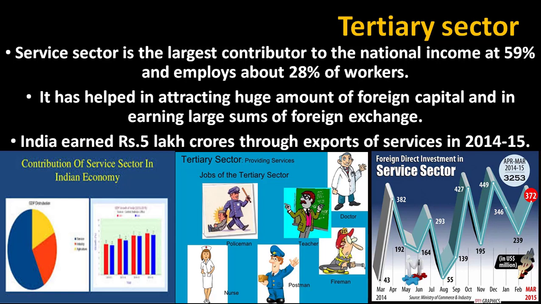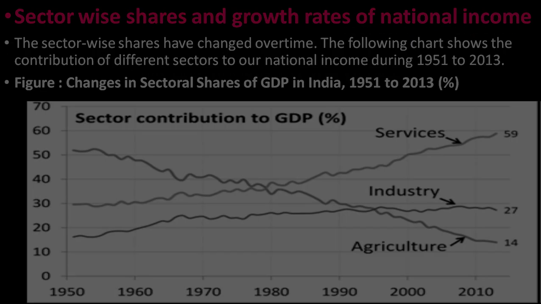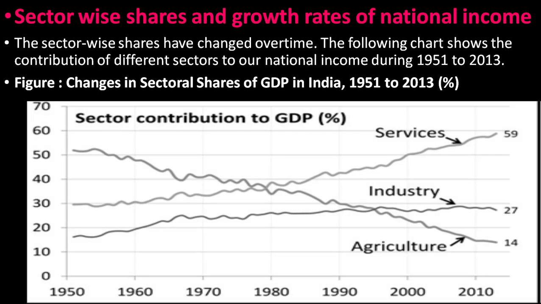It has helped in attracting a huge amount of foreign capital and in earning large sums of foreign exchange also. India earned rupees 5 lakh crores through exports of services in 2014-15.